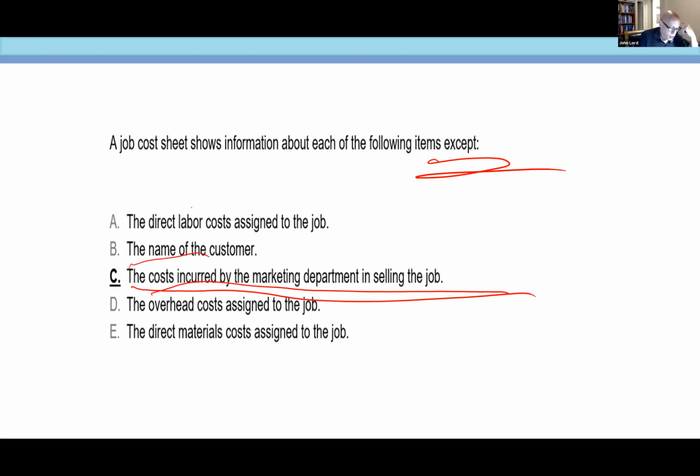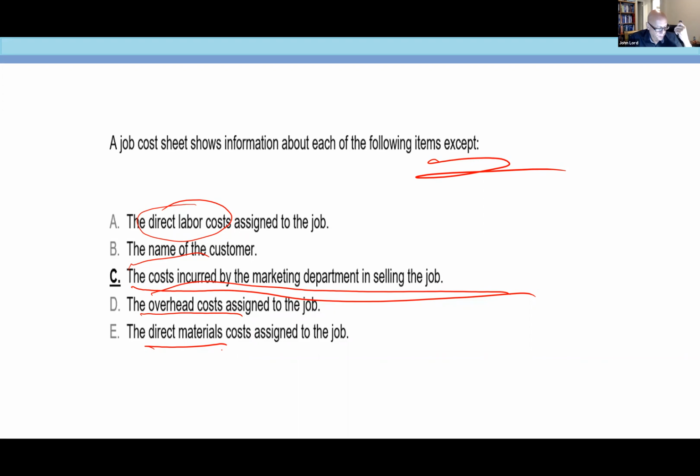The main thing is that we gather our cost here: direct labor, overhead, and what? Materials, right? Isn't that what we gathered there? Marketing is not gathered on a job cost sheet. And of course, we have the name of the customer. Otherwise, we're going to say, hey, we just finished this wooden box, but who's it for? I don't know. Okay, throw it in the garbage. So that's kind of a nonsense one.